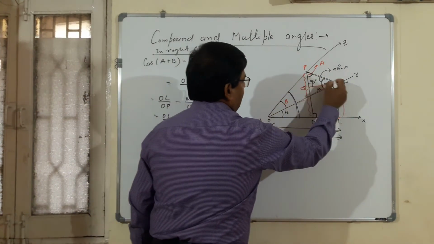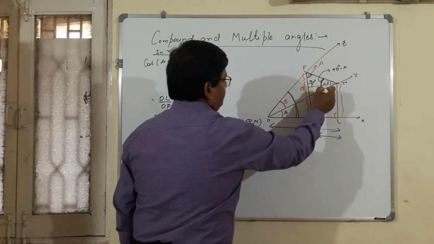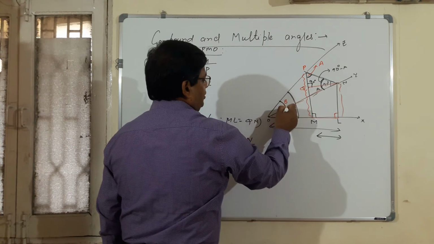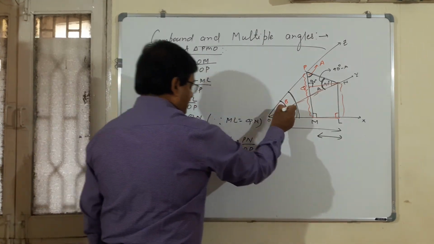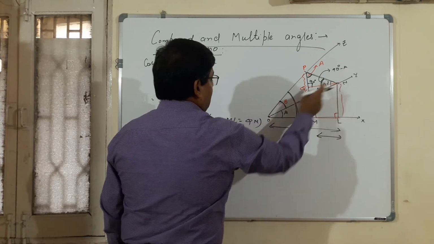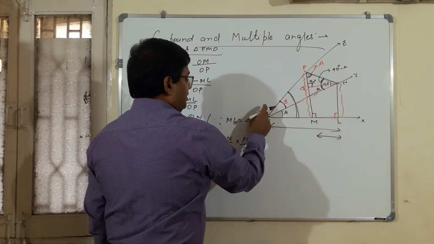So this is a right triangle, and this angle is 90. OP is the hypotenuse and ON is the base for angle B. So PN becomes the perpendicular and OP the hypotenuse.